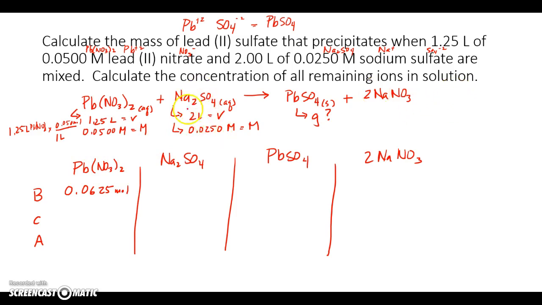Remember, I want to get this value into moles so I can use my BCA table. And using my schematic, it tells me that if I take the volume and times it by the molarity, I can get my moles. So that's 2 liters, 0.0250 moles per 1 liter.